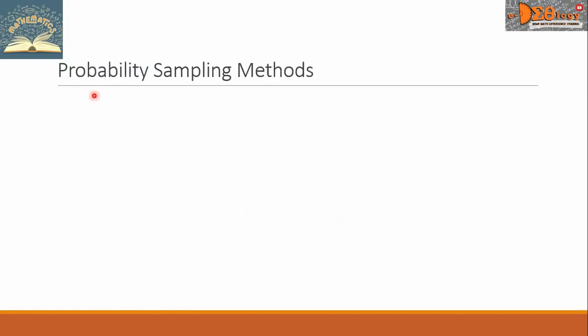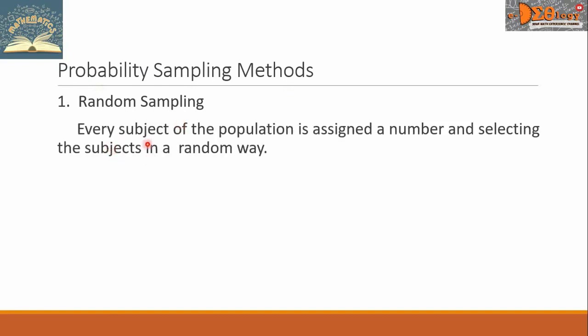Let's begin with the probability sampling methods. The first is random sampling. Every subject of the population is assigned a number, and the subjects are selected in a random way.